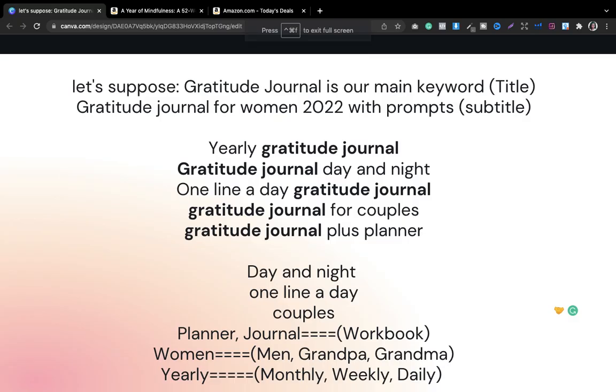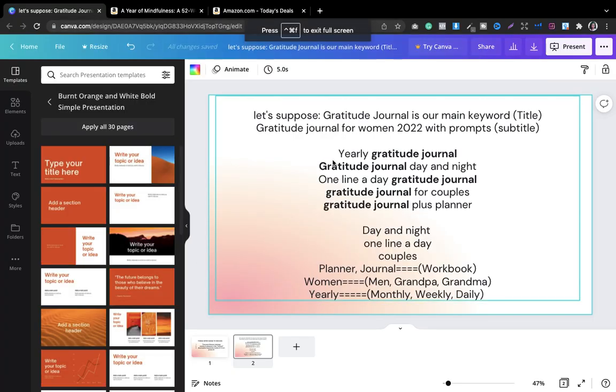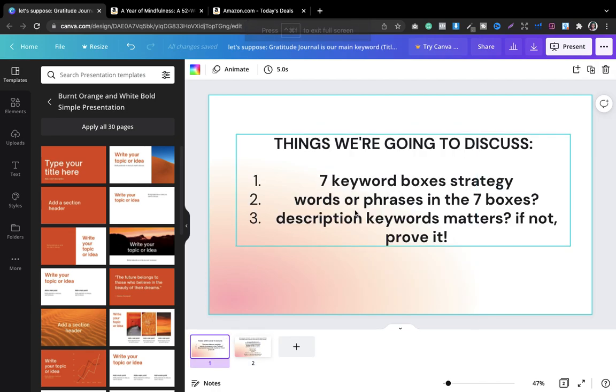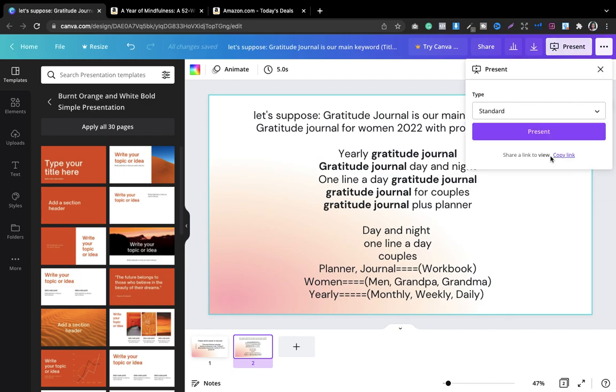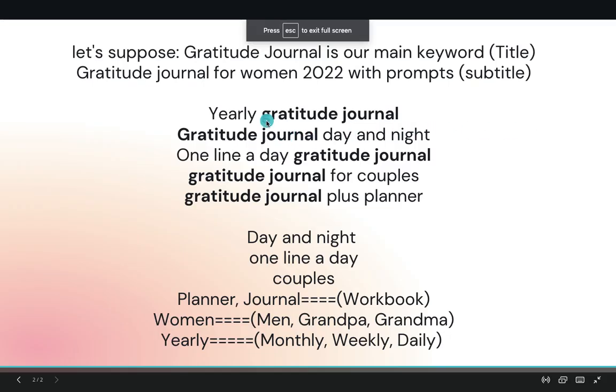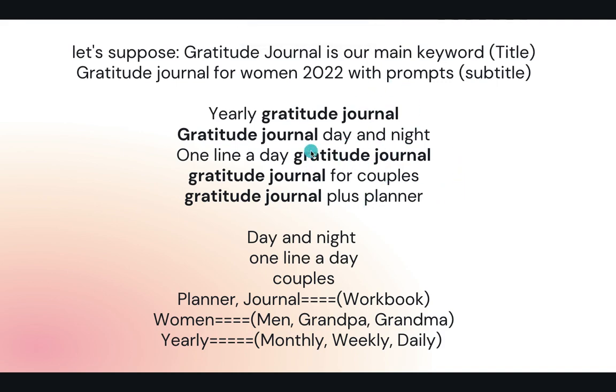Okay, now I have cleared out the first one. Now you might be thinking, why can't I just put all the phrases over here, like the 5 phrases, and the 5 keyword boxes will be done?